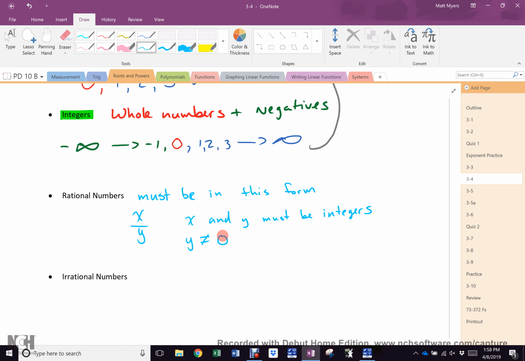You can't have a denominator of 0, and X and Y must be integers. So some number between negative infinity and positive infinity with no decimals in either of those.